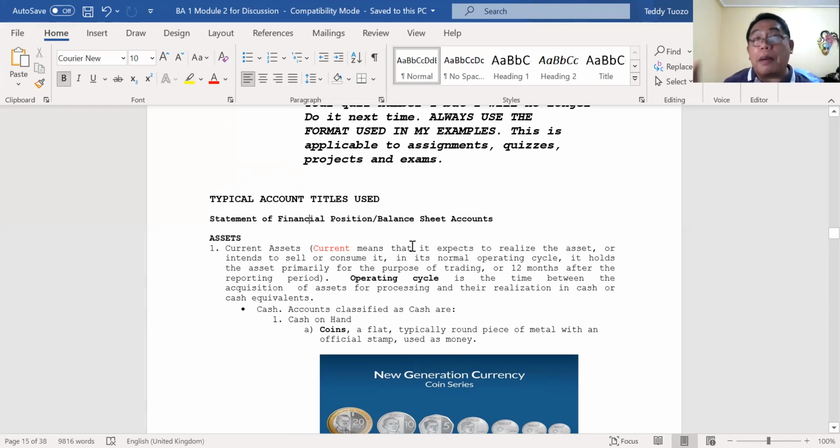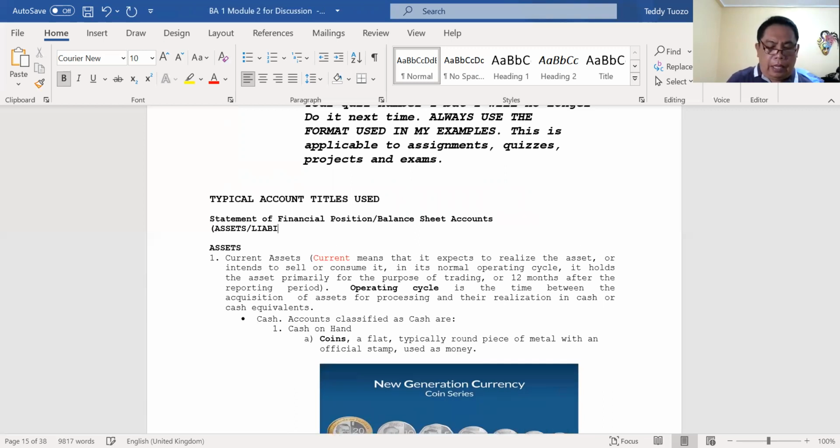So remember that the elements of the statement of financial position are, if you may recall, assets, liabilities, and equity. So these are the elements. Based on the statement of financial position elements, we will also be discussing the account titles that are acceptable in the recording process of accounting.